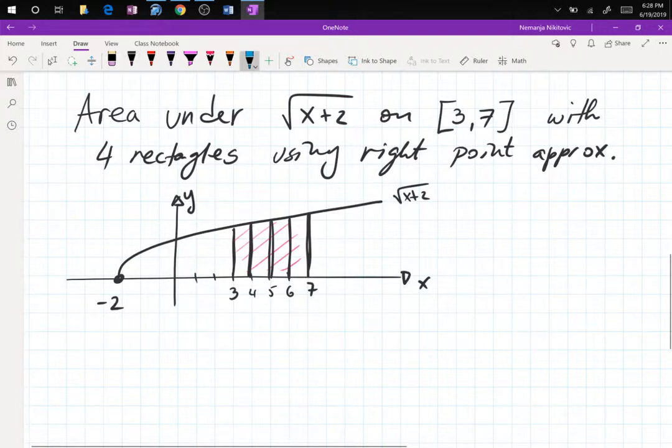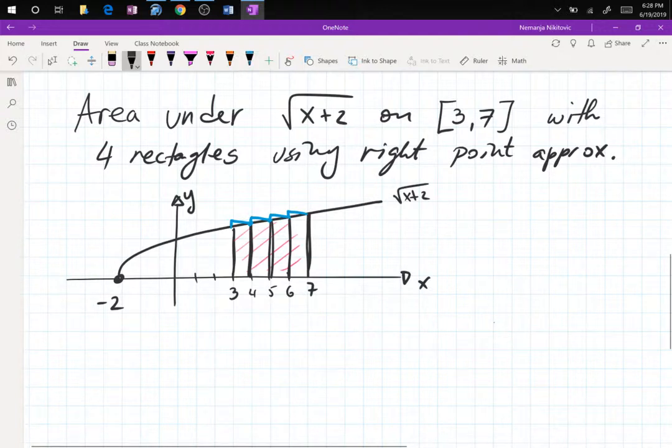And because they asked for the right point, in each one of these you would use the right point to draw the rectangle, which means it's going to go above. So we know that the area that we calculate is going to be bigger or smaller than the actual area? Bigger, right? Because these rectangles went above the function.